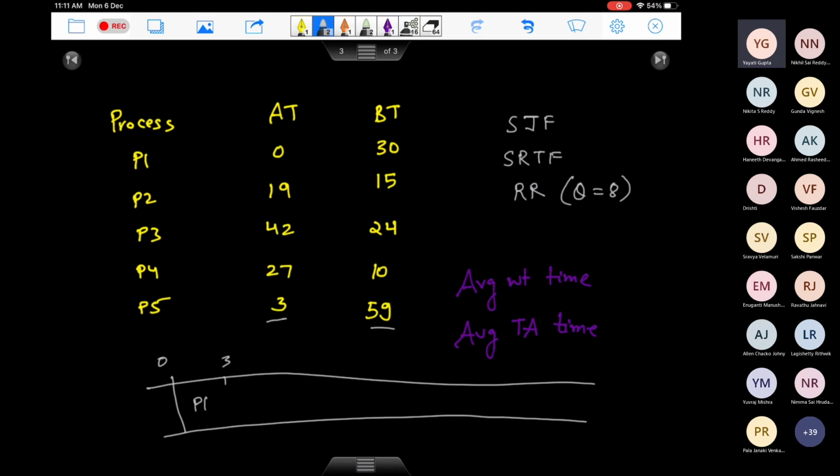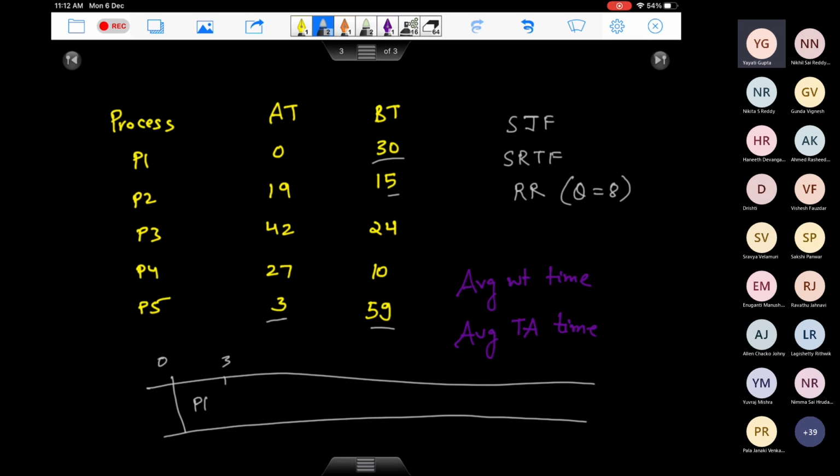So we will not preempt. It will keep running. Then at 19 you have another process P2. And again, how much of P1's burst time would be left by 19? 11, yes. P2 still has 15, which is greater than 11.